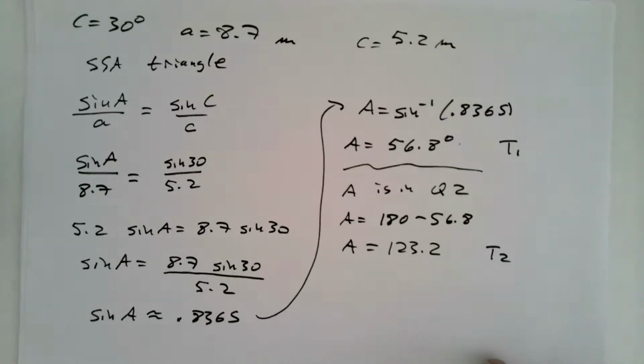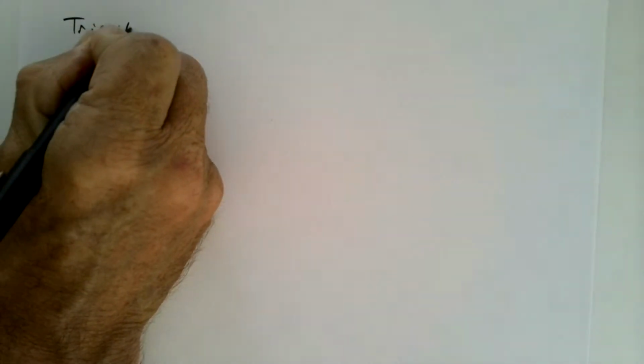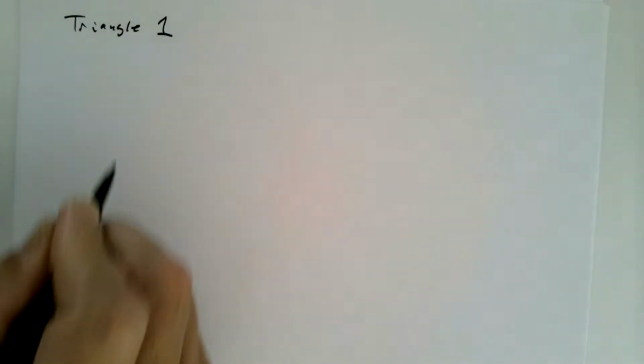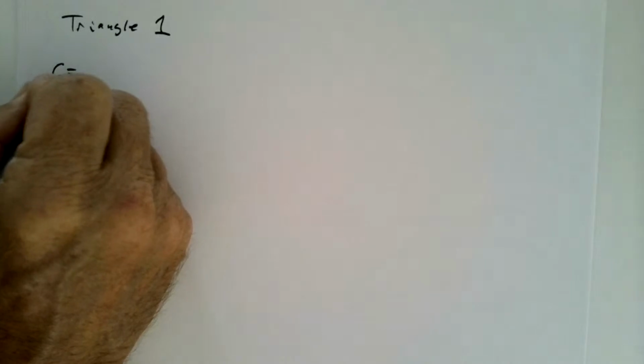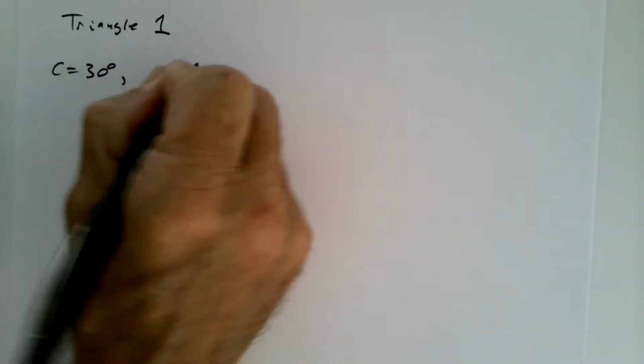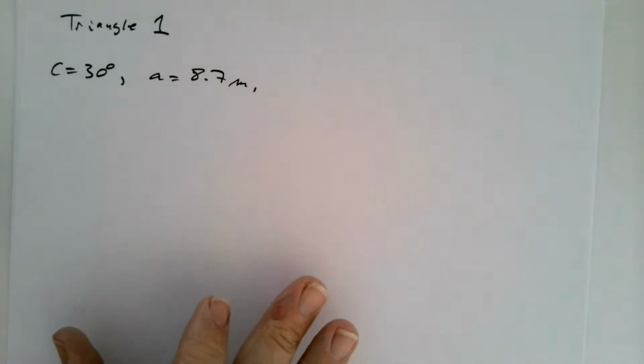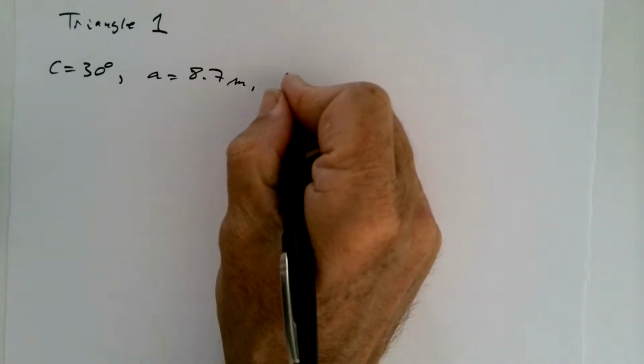So if I want to solve the triangle, there's 6 things I need: angle A, angle B, angle C, little a, little b, little c. So let's start with triangle 1. Again, the stuff we were given, we were told that C was 30 degrees, little a was 8.7 meters, and little c was 5.2 meters.